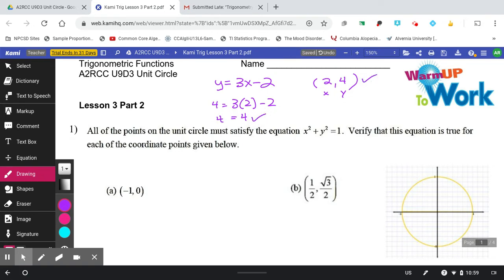Whereas if you were checking for (2, 5), that wouldn't work, right? Because 5 would not be equal to 3 times 2 minus 2.